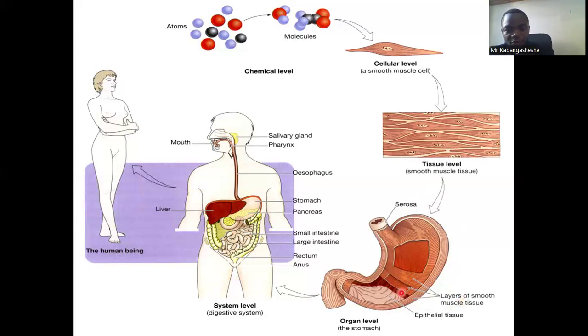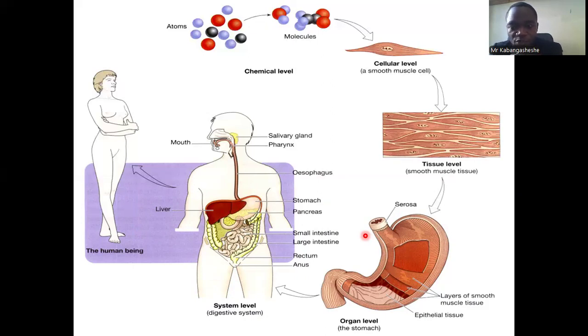Now, apart from that, organ systems are also related to each other. For example, the digestive system is dependent on the respiratory system because the food that we get from the digestive system needs to be converted into energy, and we need oxygen for that process to be completed. That oxygen will come from the respiratory system. Once energy is made, waste product accumulates, and the excretory system needs to deal with that.